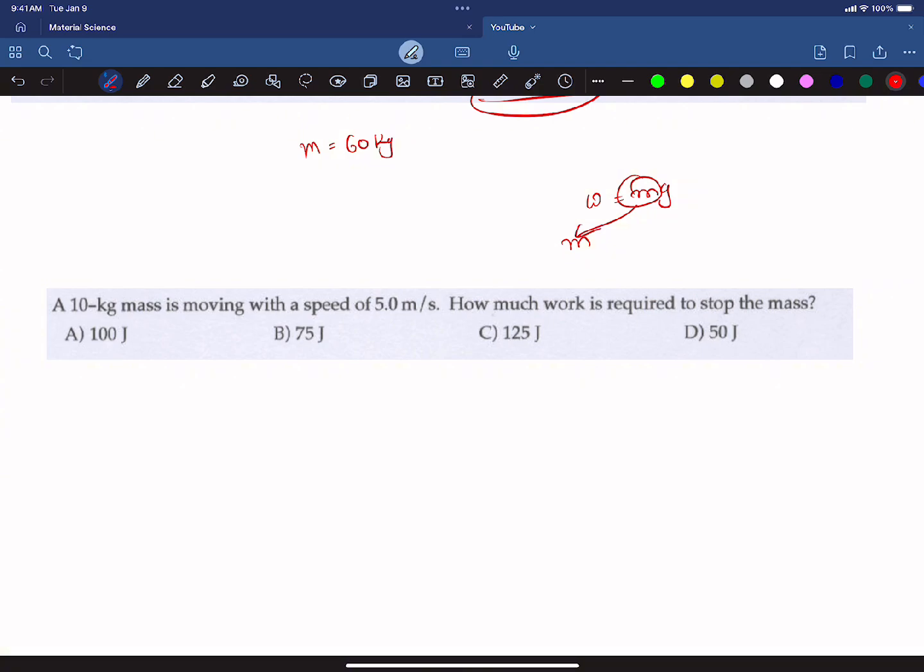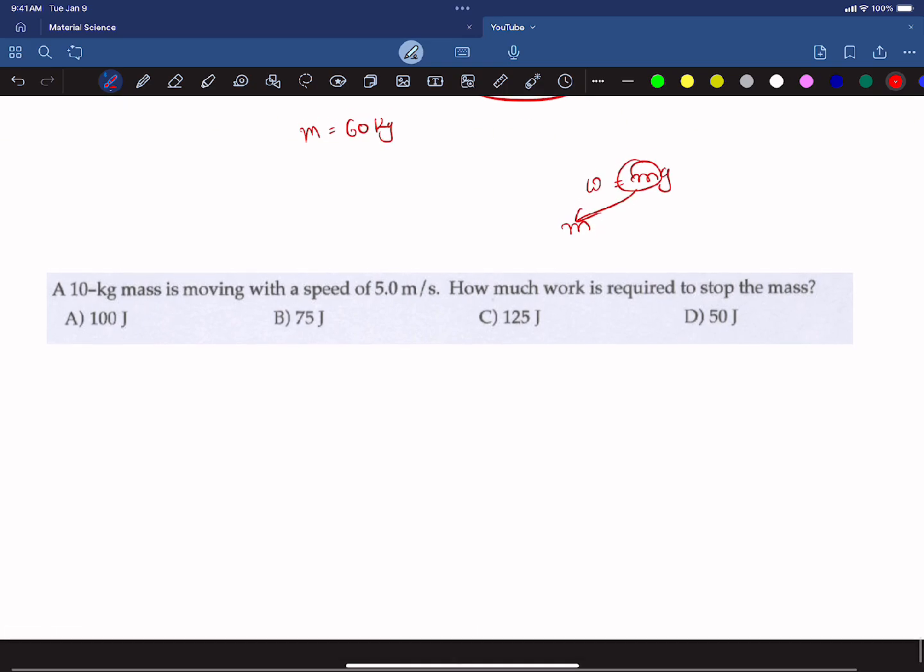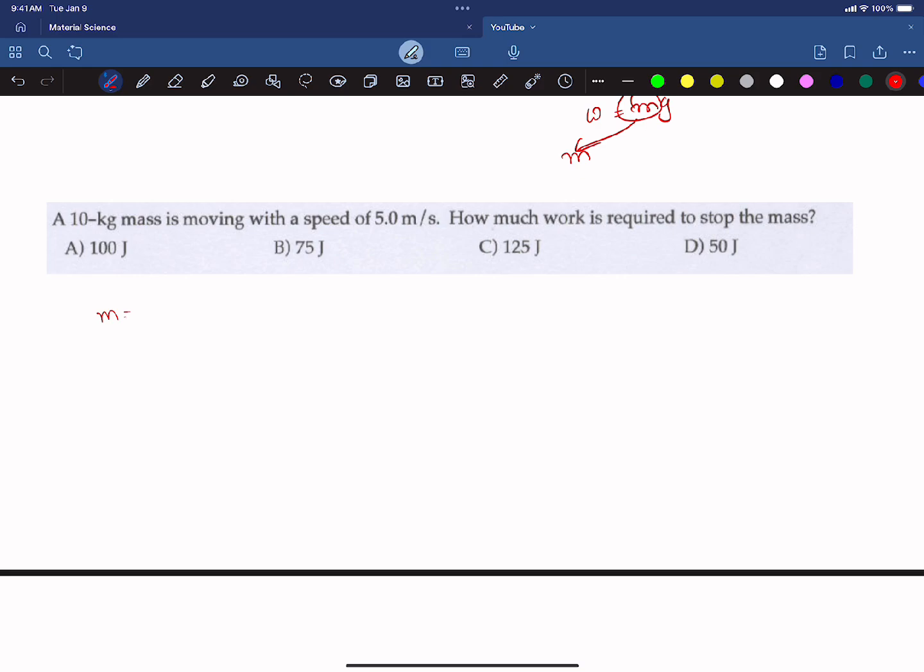How much work is required to stop the mass? So let's write our data first. Mass is equal to 10 kg, speed is equal to 5 meter per second, and they want us to find work done.